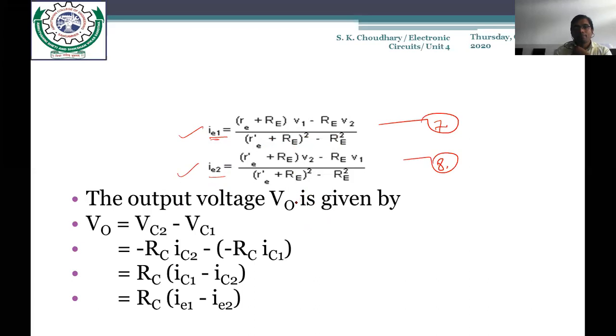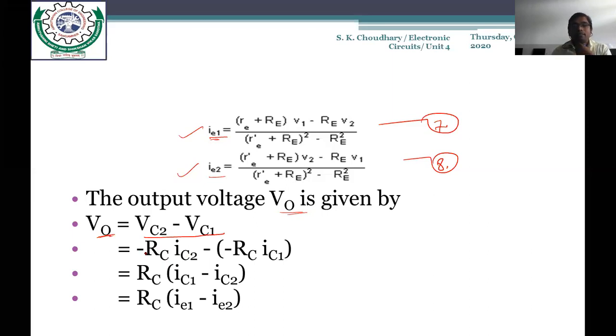Okay. So the output voltage V0 could now be defined as, we have already told that VC1 is more negative as compared to VC2. We have already discussed this. So that's why the differential output would be VC2 minus VC1. Both are negative: VC1 is also negative, VC2 is also negative with respect to ground.